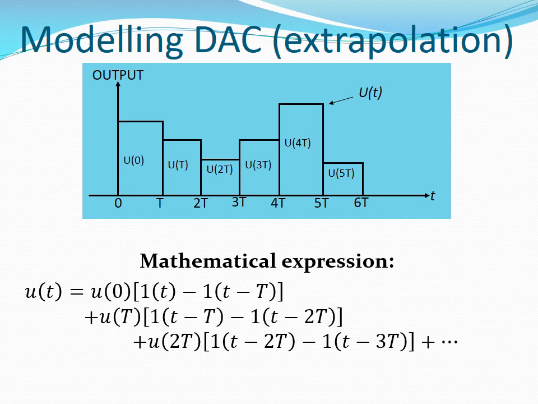L(t minus T) is a negative step function that starts at T. In the second term, UT is the magnitude of the pulse. L(t minus T) is a positive step that starts at T. L(t minus 2T) is a negative step that starts at 2T. The argument applies to the rest of the terms in a similar way.